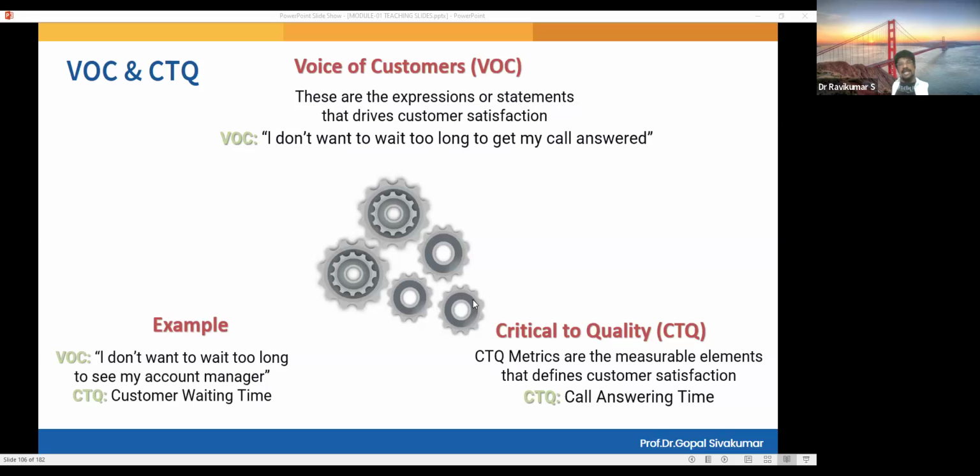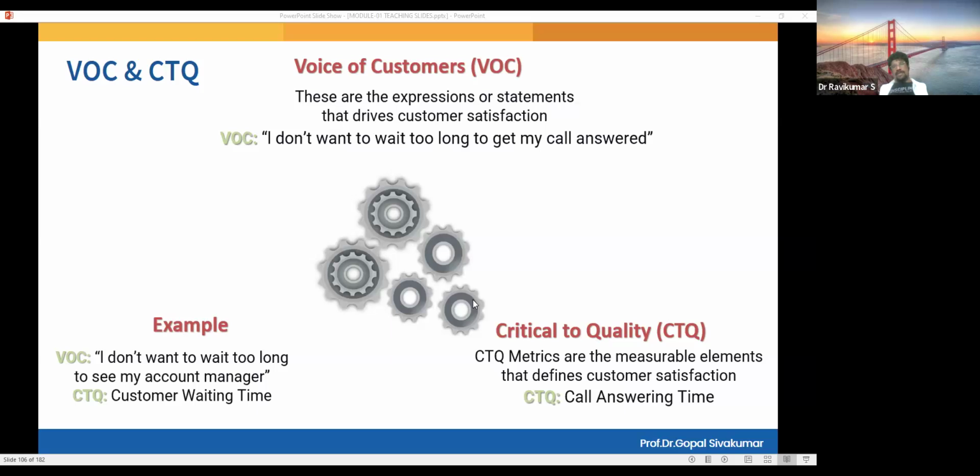So the customer will not be satisfied. That puts a brake on your process. That hits your process back. So your job is to convert that expression into a CTQ. That is, the customer doesn't want to wait. So obviously that means the customer waiting time is more in your bank, in your particular process.